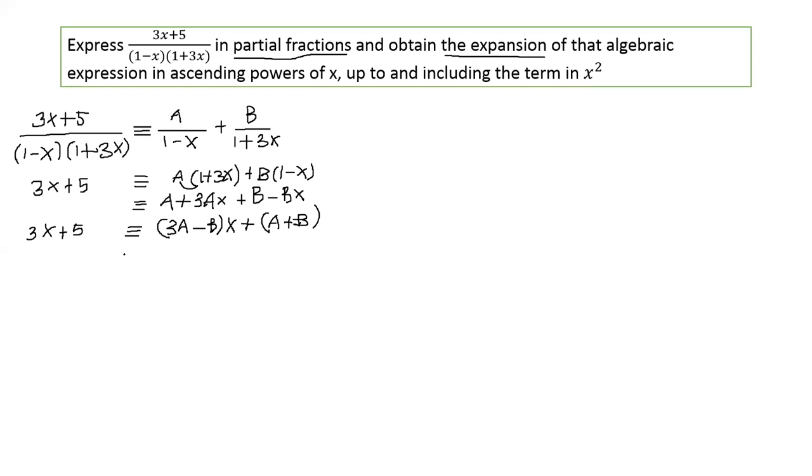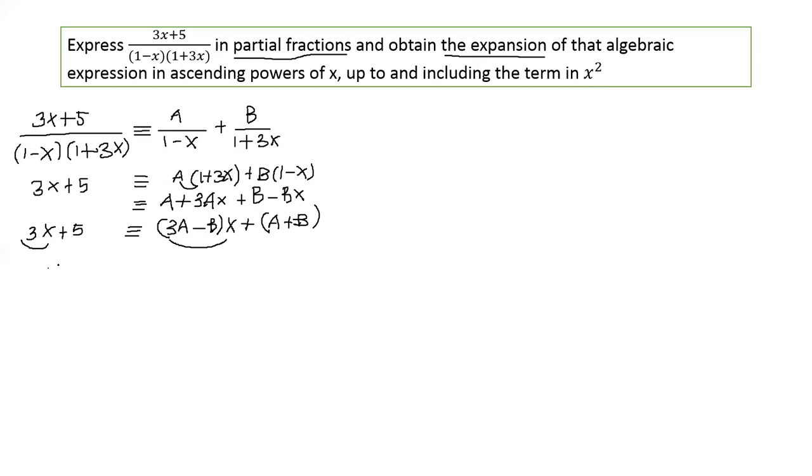Next step, according to equating coefficients, the coefficient of x at the right side is 3a minus b, while the coefficient of x at the left side is 3.